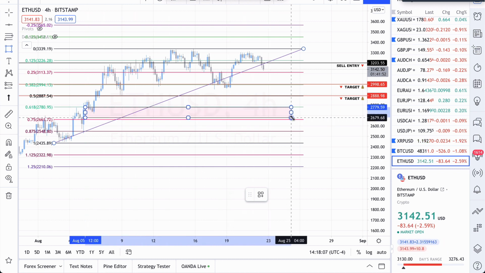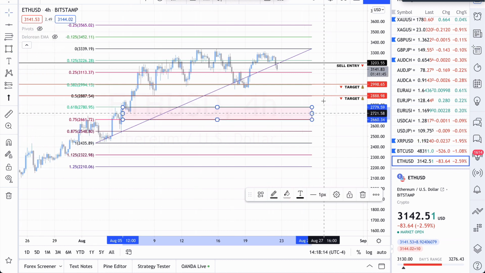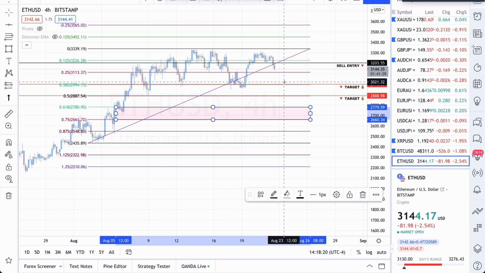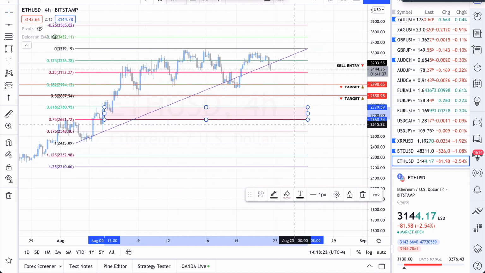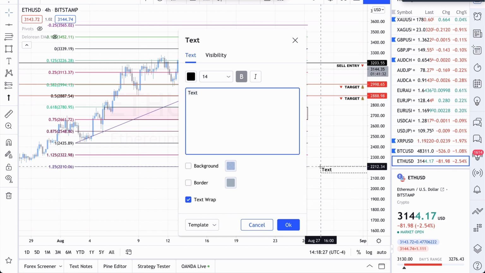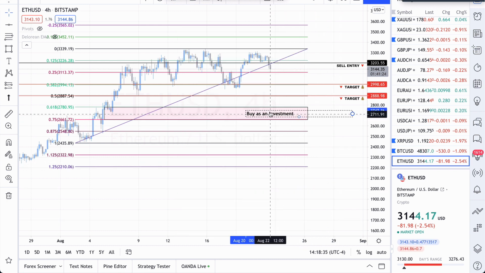For investing purposes, this is where I would be looking to buy it as an investment around these areas. In trading, let's see what happens around here and around here if it breaks out. But as an investment, this is a discounted area in here.